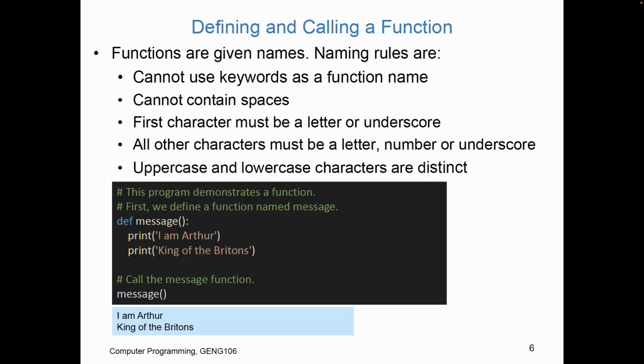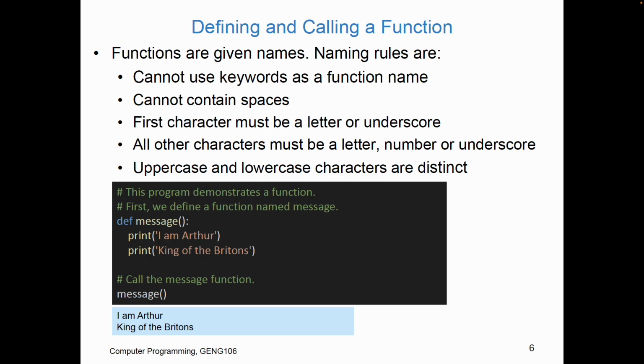And when we are defining a function, first we need this def. This is our keyword. Whenever you say def, it means okay, now we are defining a function. And then our function name. For the function name, the same rules apply as for variable names. We cannot start with a number.